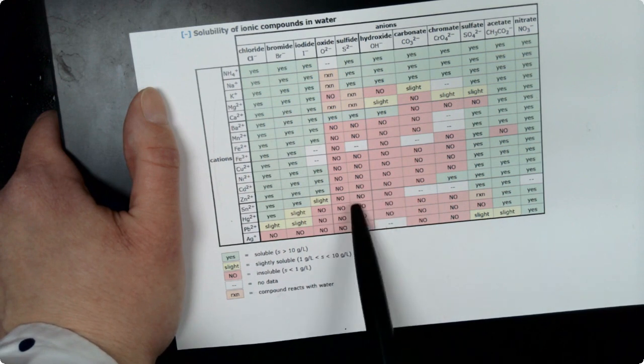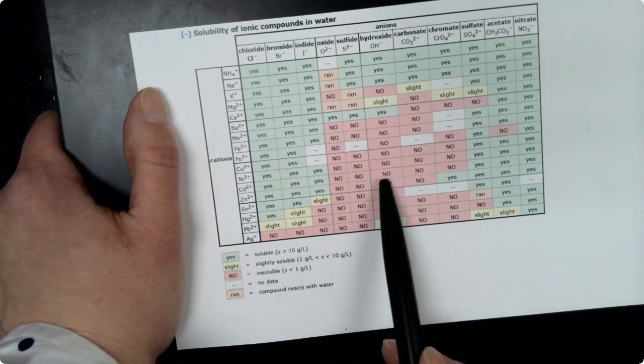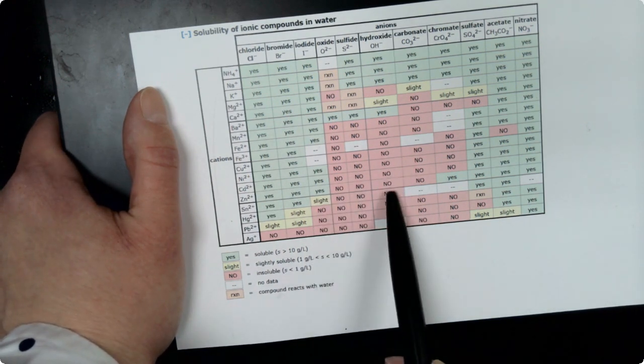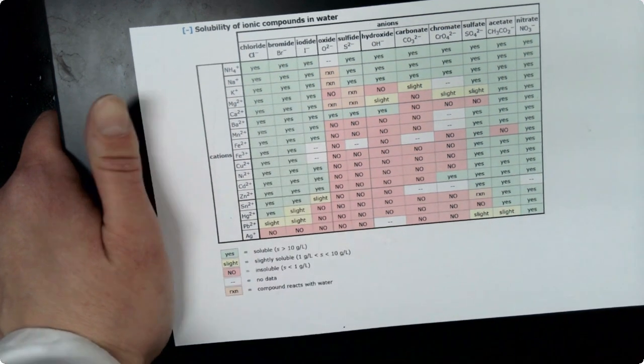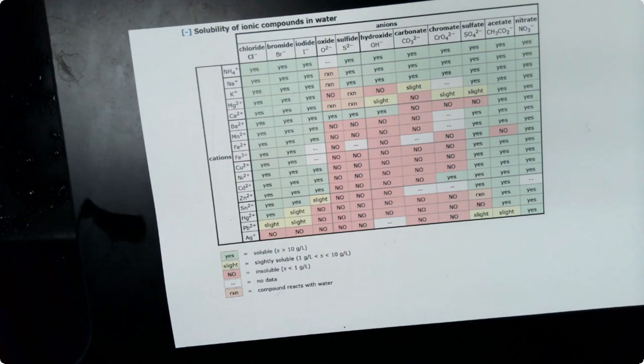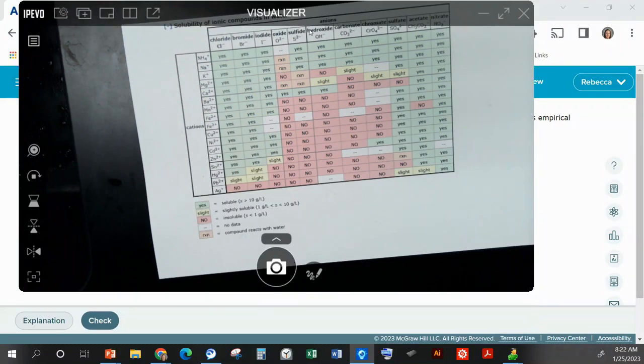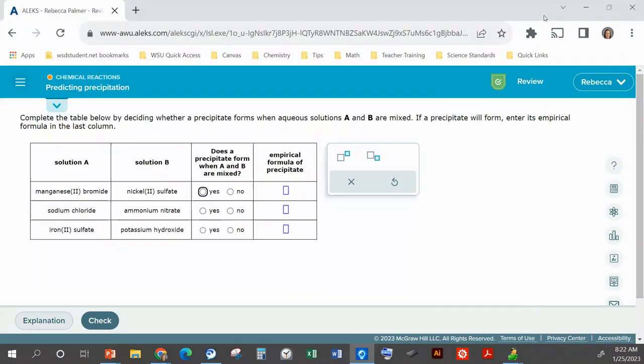This is telling me no, it's not soluble. It precipitates. Yes says it's soluble, it dissolves. I won't see a solid. Okay. What is precipitate? Precipitate means it crashes, falls out, becomes a solid. Or means insoluble.